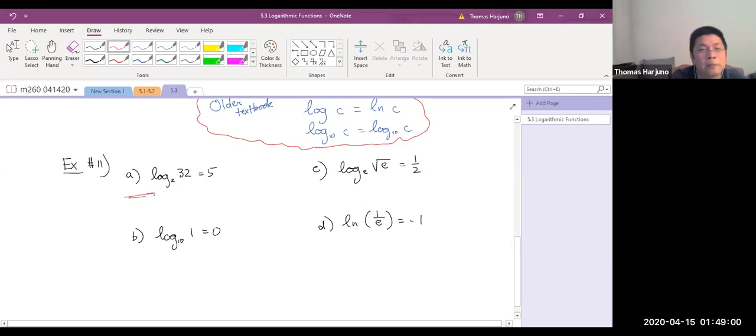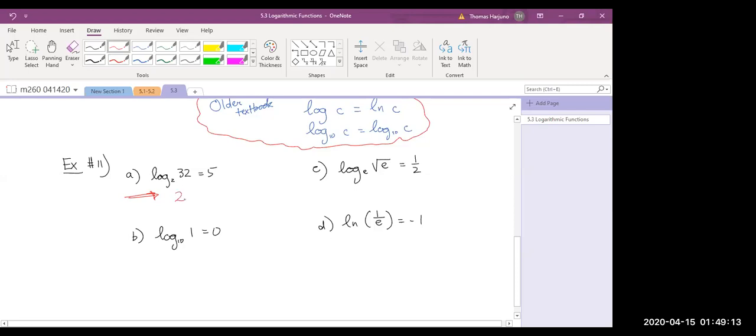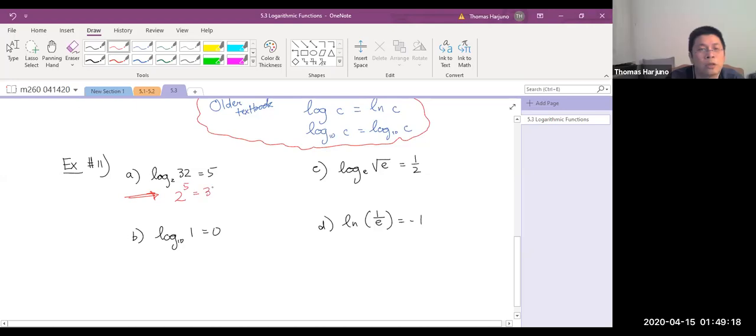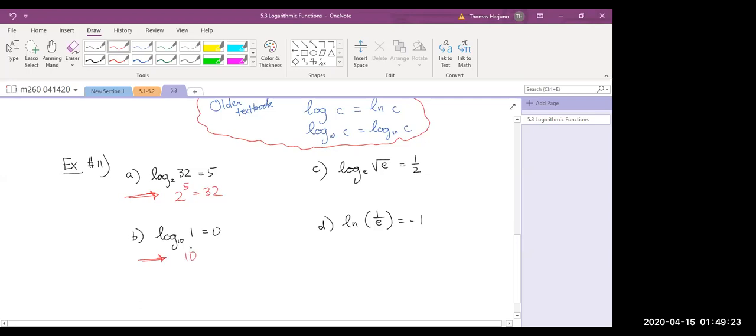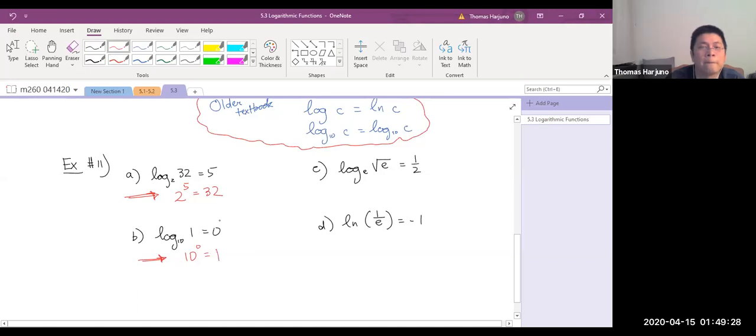Okay, part A. The base is 2, exponent 5, equals 32. Part B, the base is 10, exponent 0, argument 1. By the way, we may write this also as log 1 equals 0.